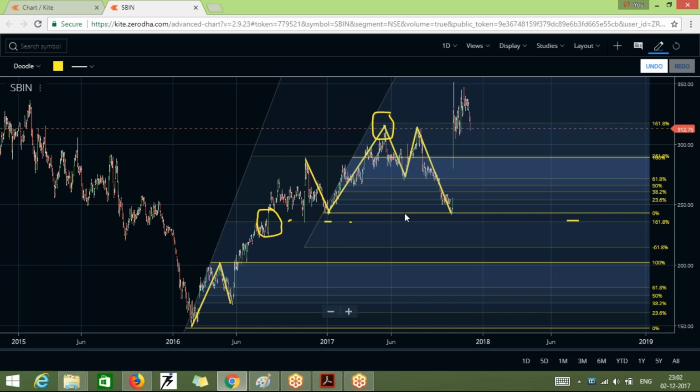So now all these waves we could clearly find. Now, this is not an easy task, this is not an easy analysis. This wave analysis, as said, is much more difficult. It needs practice.